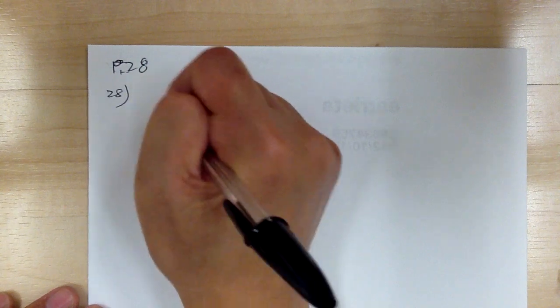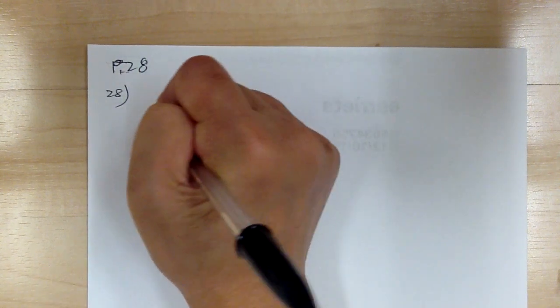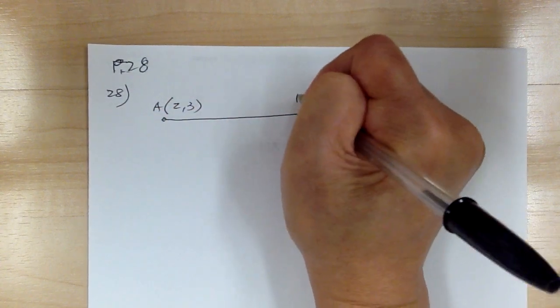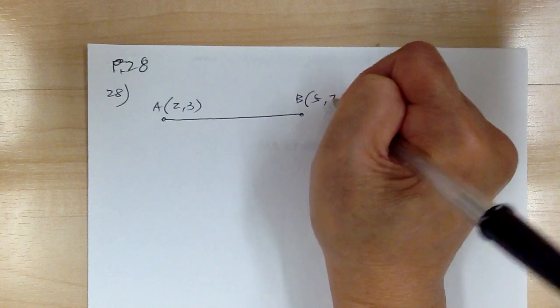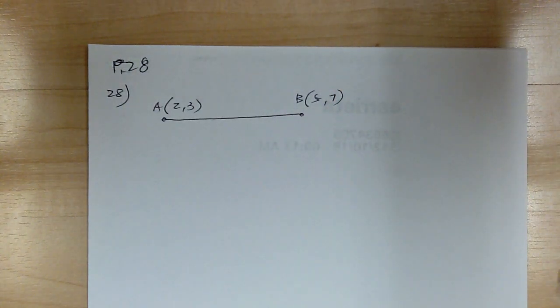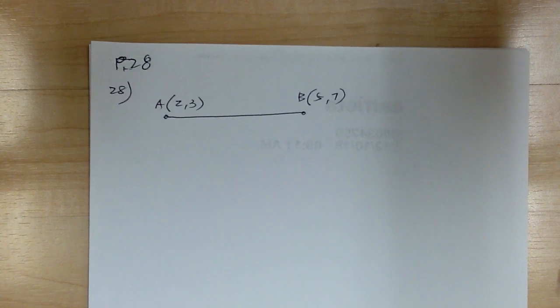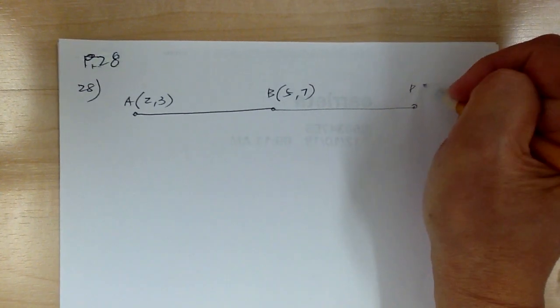So you have point A at (2, 3), B at (5, 7). So there are 2 points. For part A, you're looking for the coordinate of P, extended through B to P. So you're going to extend that to get the P.